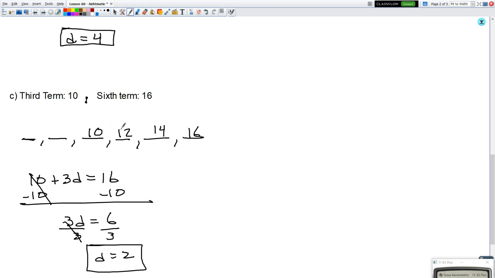We know that if you want to find the next term, you add a common difference, which means that if you want to go backwards, you want to subtract the common difference. If you want to know what the term before was, you don't add the common difference, you subtract, which means that the second term is going to be 8.